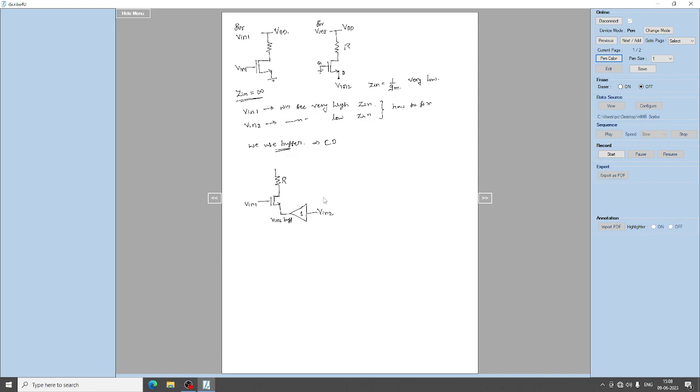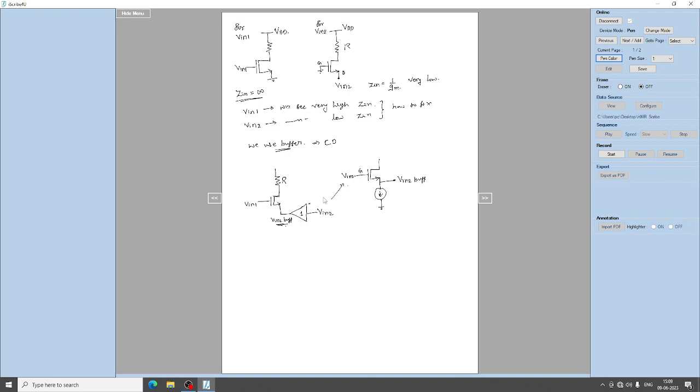And this can be a common drain amplifier. What we are using is a common drain amplifier. So here this is V in 2, which is given to the gate terminal, this is an NMOS device, and the output is taken at the source terminal, which is V in 2 buff.